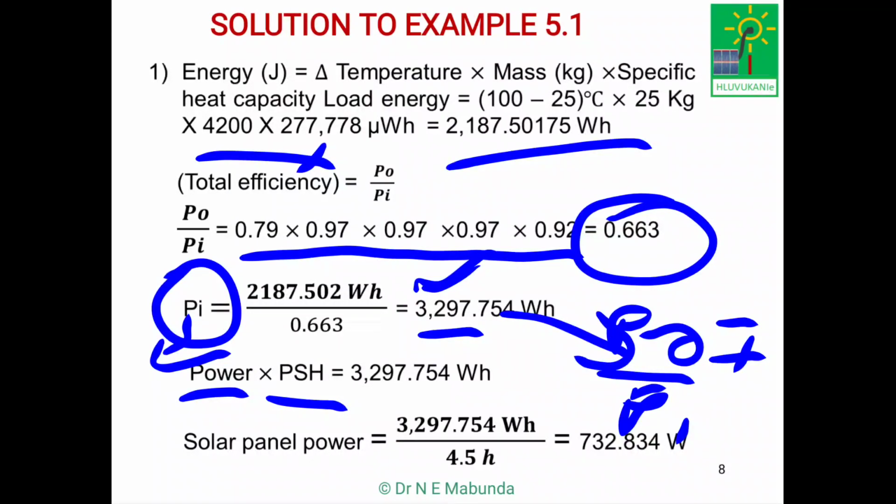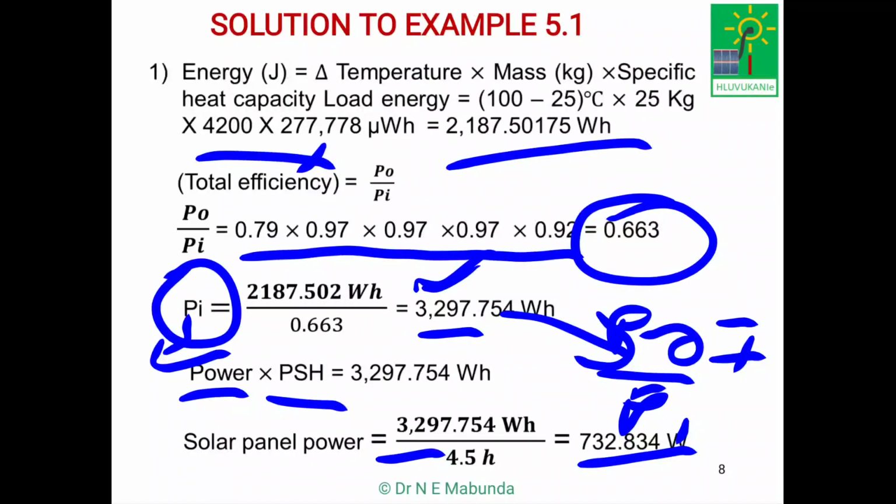As a result, throughout the whole day you effectively have 4.5 hours, which was given as peak sun hours. So you divide and then you get this amount of power.